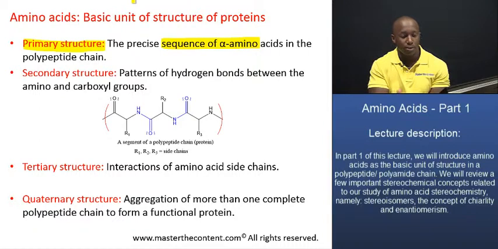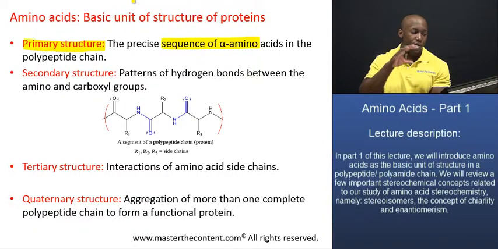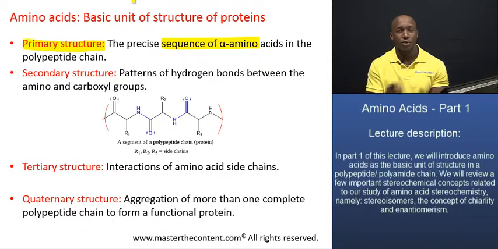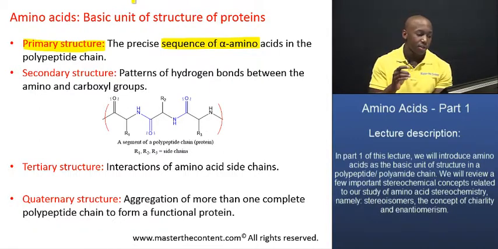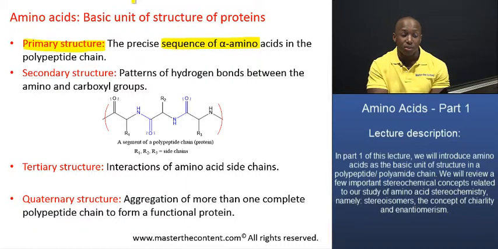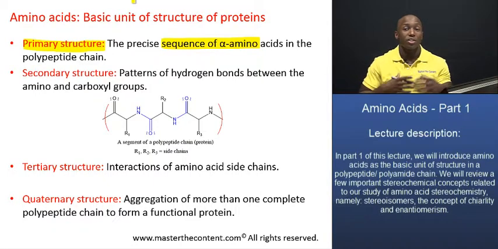So why is this so important? You have to remember that the primary structure will determine the functionality of a protein. To illustrate my point, I'll point to mutations. A genetic mutation that results in the deletion or the inversion of even a single amino acid in a polypeptide chain can change the entire functionality of a protein.